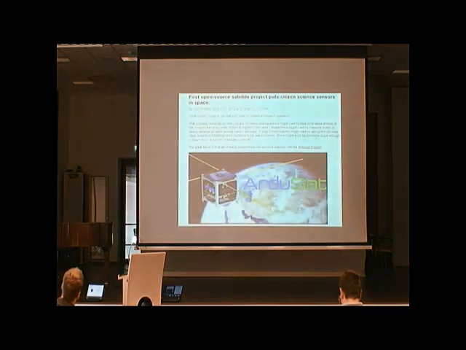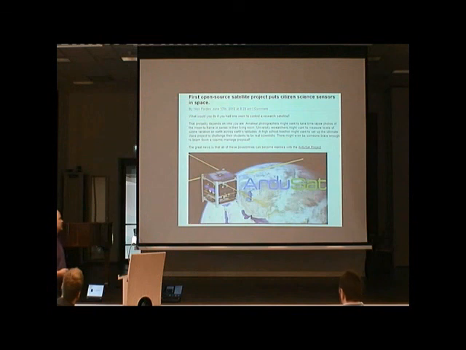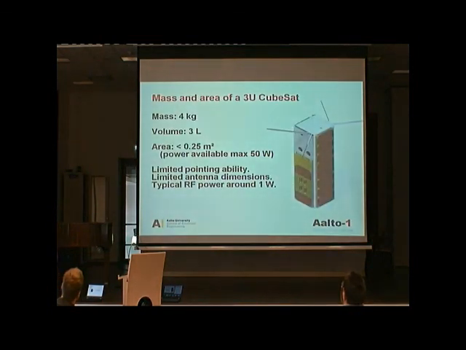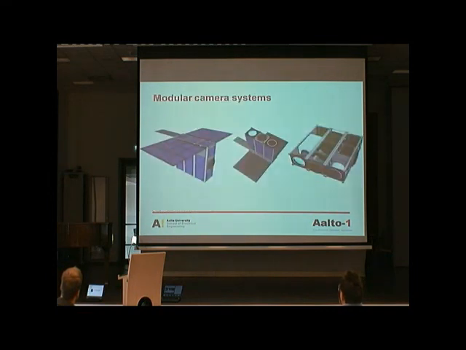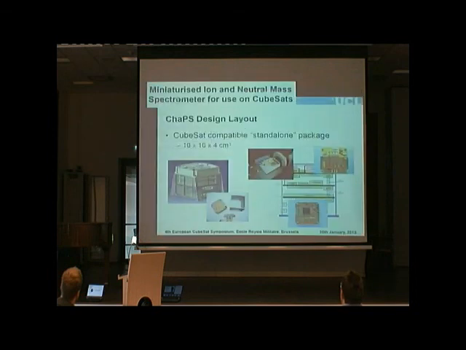There are projects which are trying to use Arduinos in a CubeSat. There is our project, which is trying to put small spectrometers in and have actual remote sensing satellites. These are different optical configurations for very small satellites. You can even have multiple satellites flying together. Sensors: you can even have mass spectrometers nowadays for CubeSats. This is quite amazing, actually.